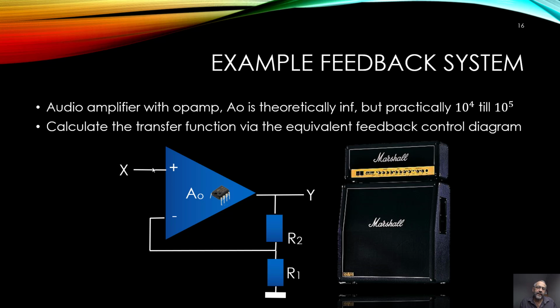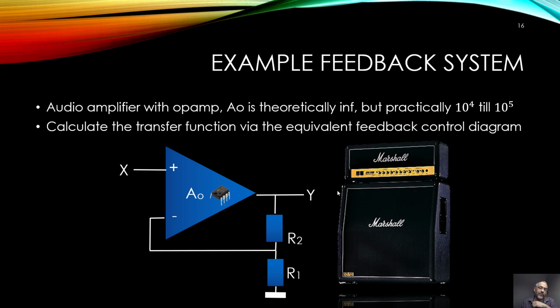We have the plus here connected to X. We have the minus connected to this voltage divider, which is connected to the output of the op-amp. And this is the feedback value. So the question is to analyze this system using the reduction rules that we just saw, rewrite it in a simpler form, and then give the resulting transfer function.